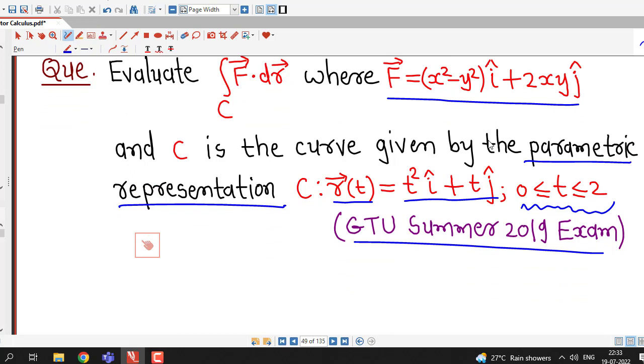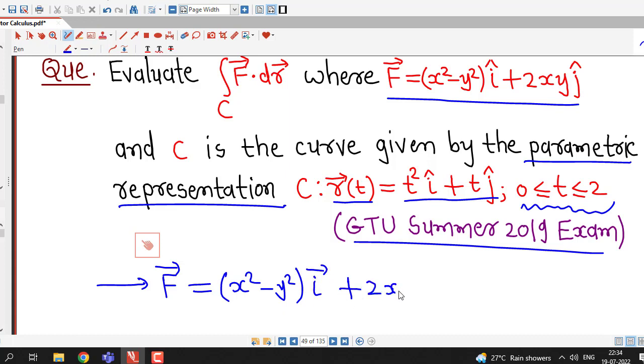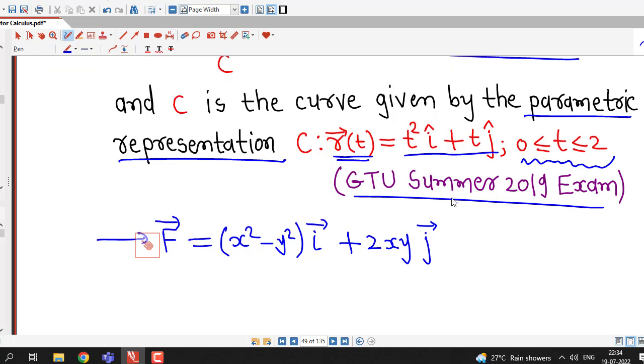Here the given vector function is f bar equal to x square minus y square i plus 2xy j, and we have to integrate this vector function along curve C whose parametric representation is t square i plus t j.